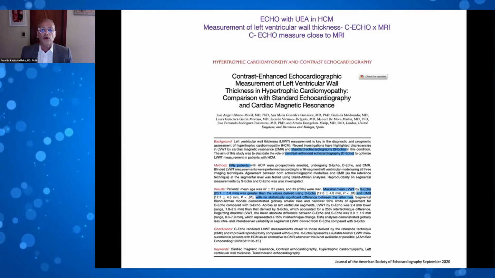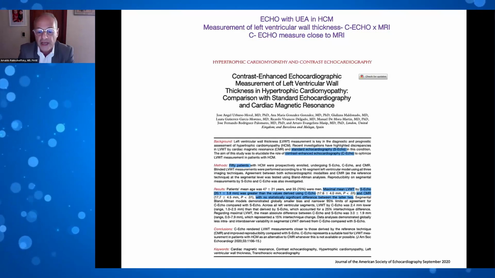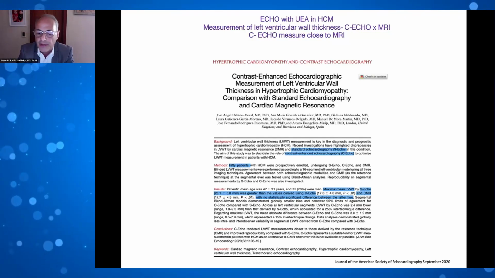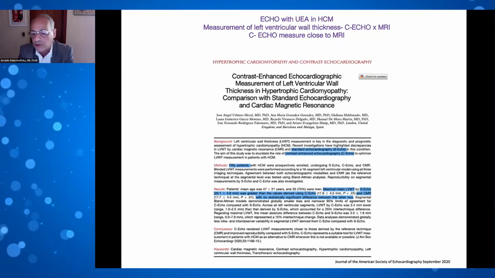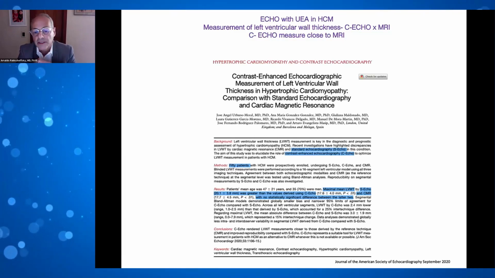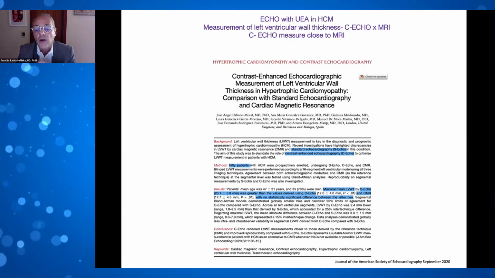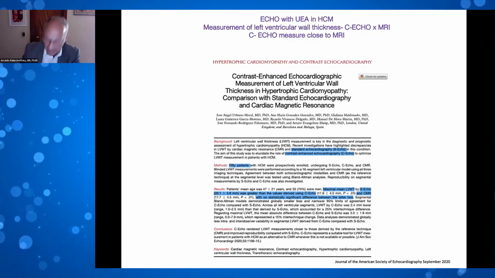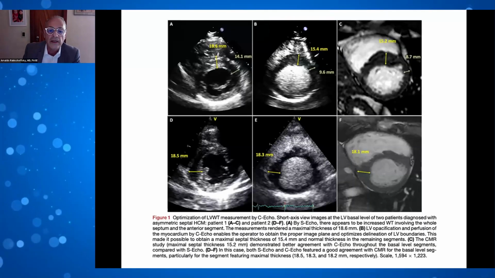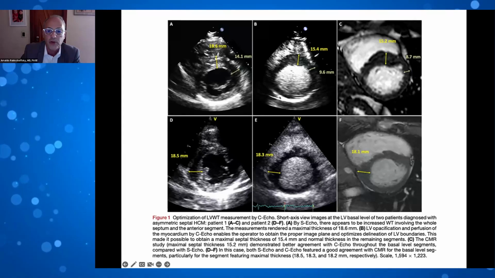Another use of contrast is in patients with hypertrophic cardiomyopathy. This paper was published in the Journal of the American Society of Echocardiography in 2020, comparing the echocardiogram with contrast with the MRI. As you can see, on the left is a regular echo without contrast.